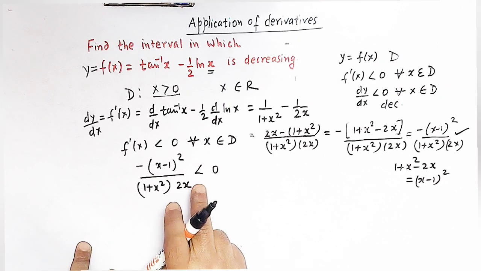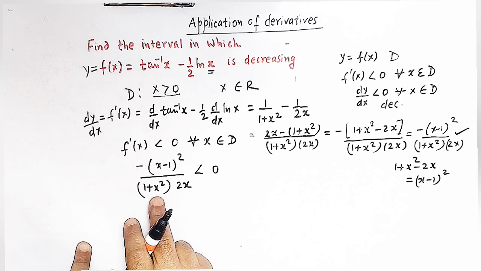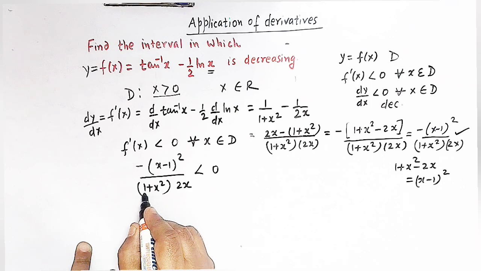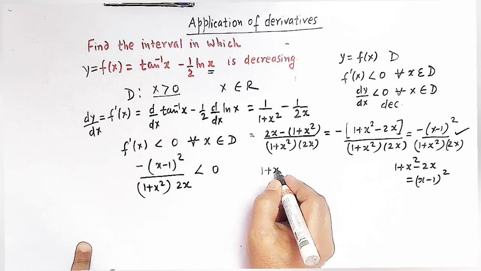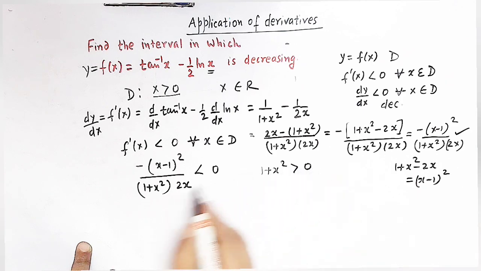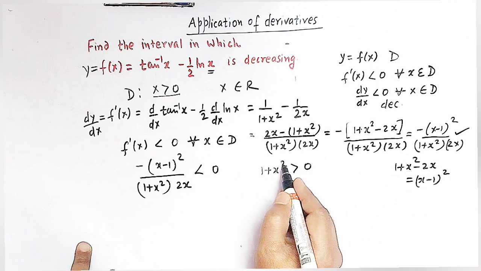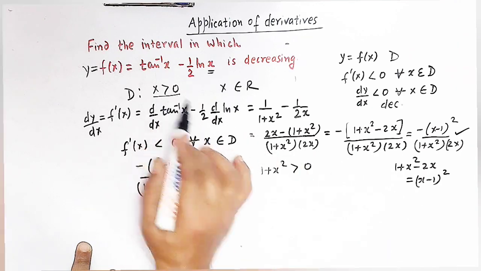So now from this inequality we can easily conclude that this expression, that is 1 plus x square, is always greater than 0, because here we have x square. So this term is always going to be positive for all x greater than 0.